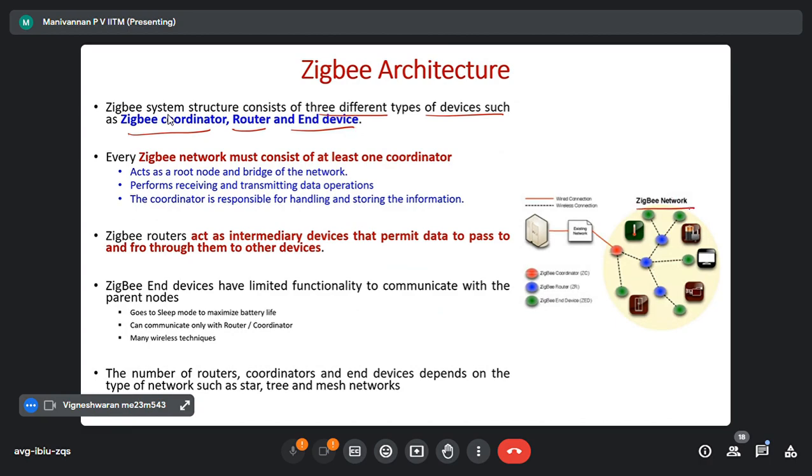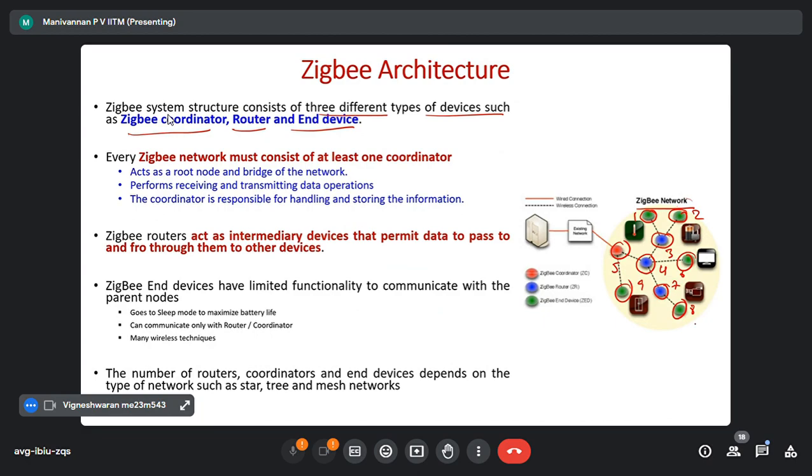This is a ZigBee network, I told you. Okay. This is one node. This is another node. That means one ZigBee device, which can transmit data. And these are ZigBee nodes. How many nodes do I have in this network? I can say 1, 2, 3, 4, 5, 6, 7, 8, 9. 9 nodes form one ZigBee network.